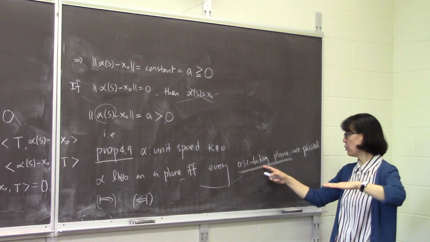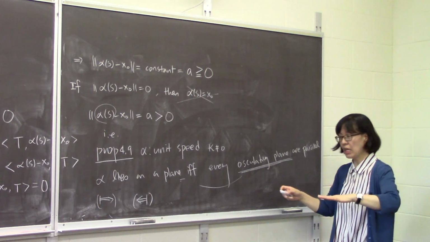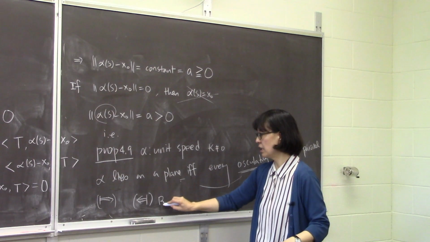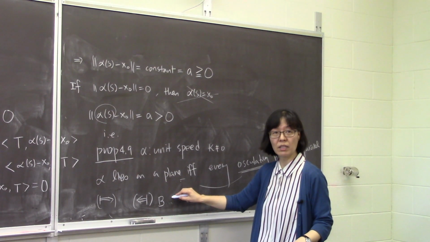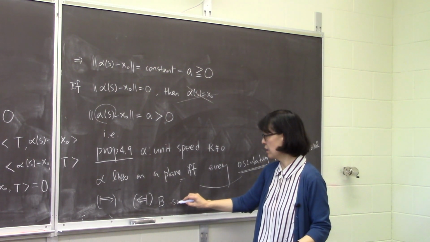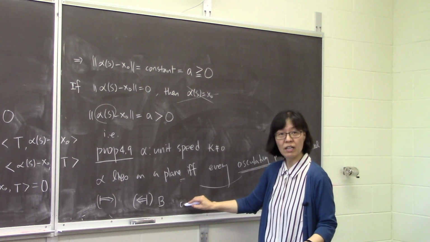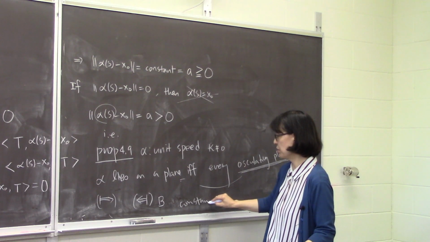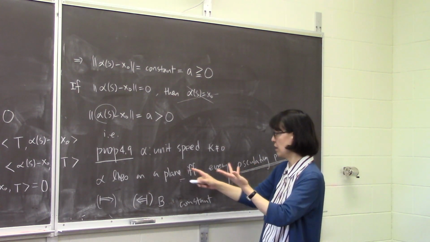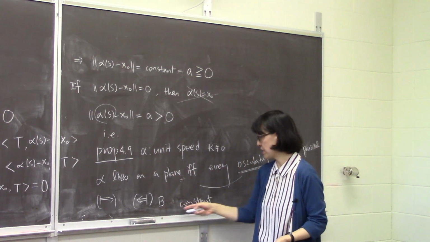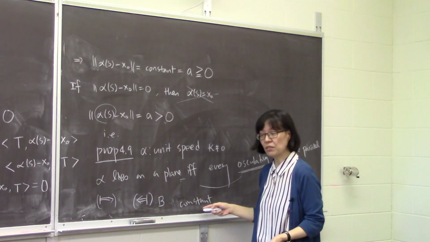So that means B is the same, B is constant. So one of the 3 conditions for being a plane curve is B is constant, so that is a plane curve.